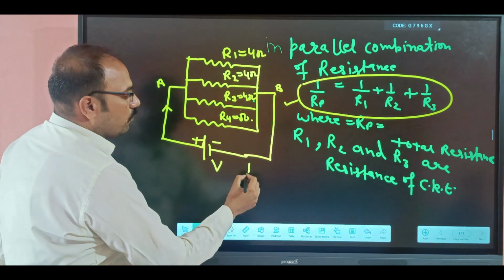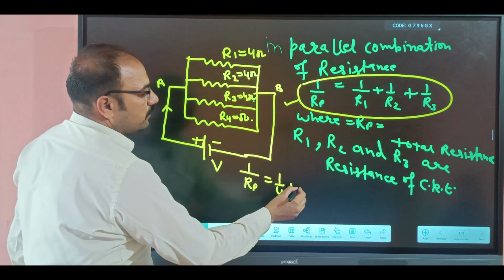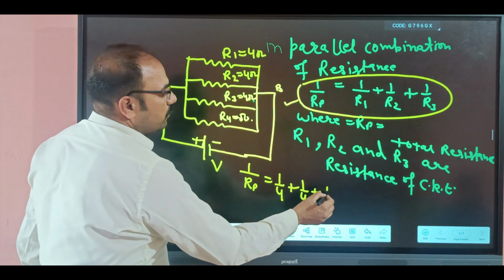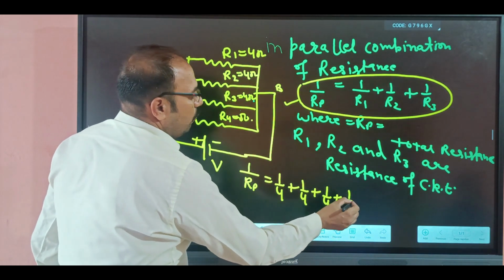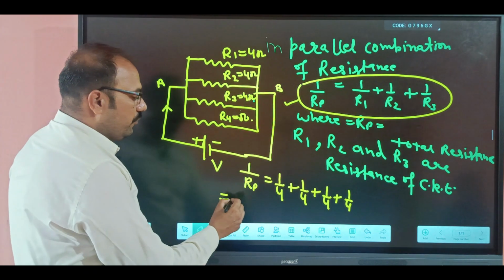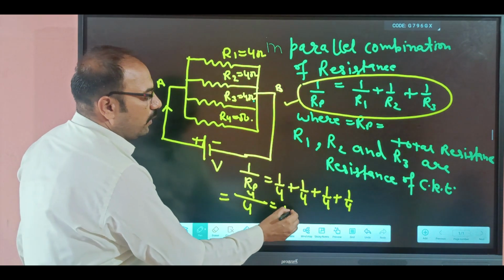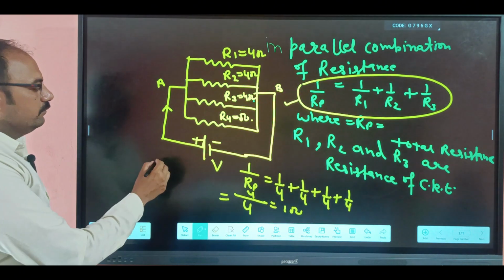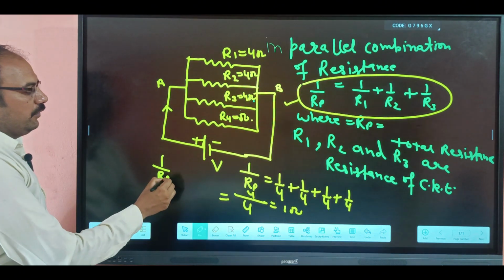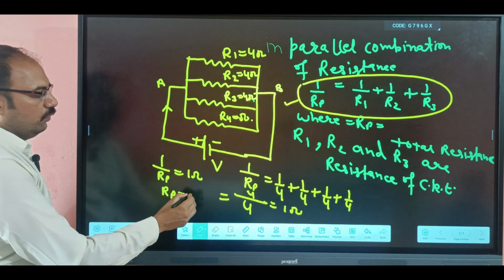So 1 by Rp is equal to 1 by 4 plus 1 by 4 plus 1 by 4 plus 1 by 4. Here we take the LCM, so this is equal to 4 by 4, which is 1 ohm. So 1 by Rp is equal to 1 ohm and Rp is equal to 1 ohm.